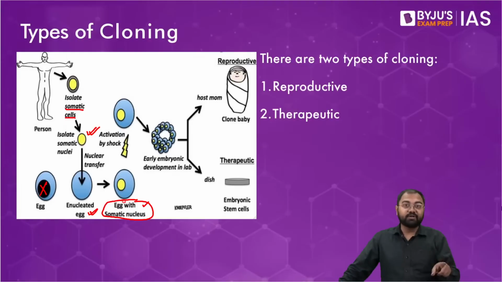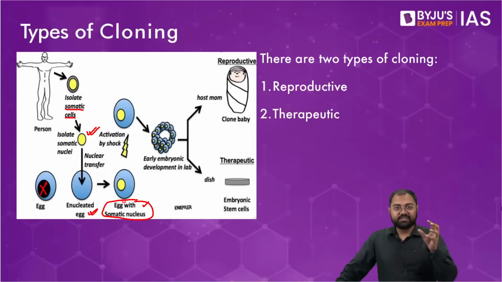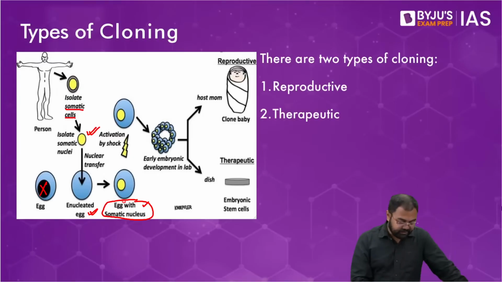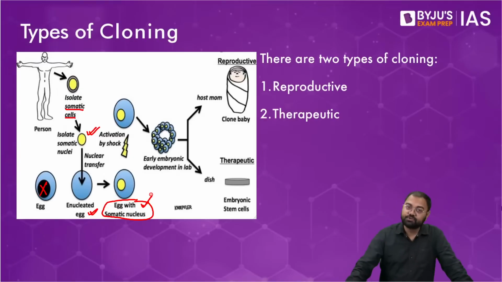So we don't want that. So that's why we'll take away the nucleus from the egg cell, and that will be replaced with the somatic nucleus, because then all the properties that this clone will have will be of this particular somatic nucleus. All right, so that's why now you will have this egg cell with somatic nucleus.